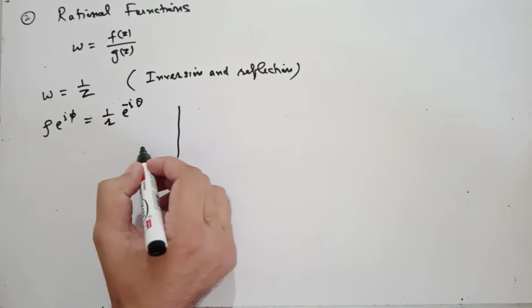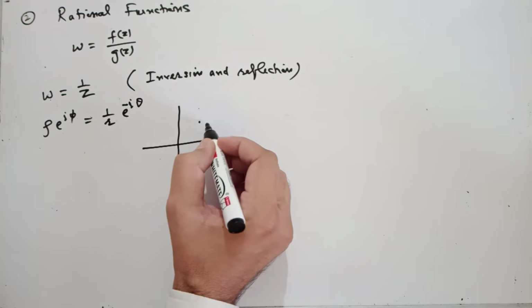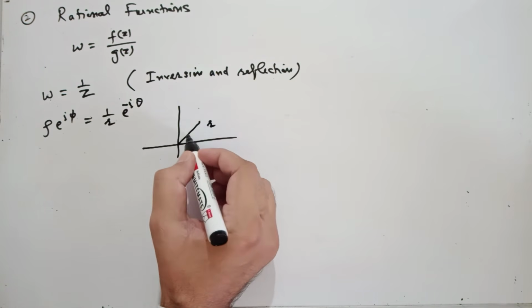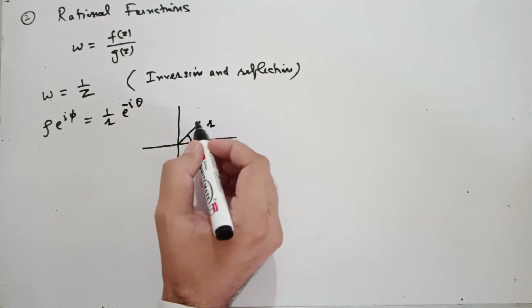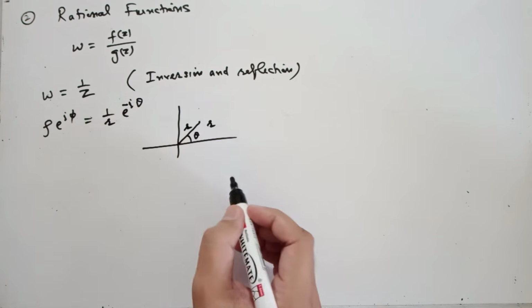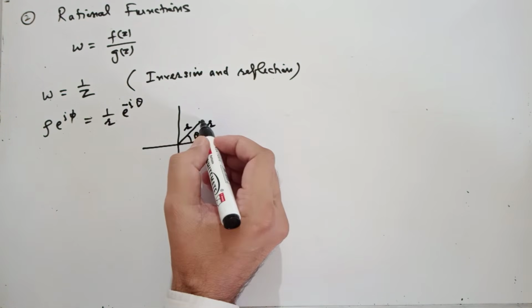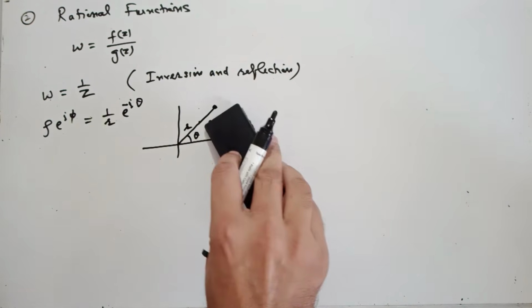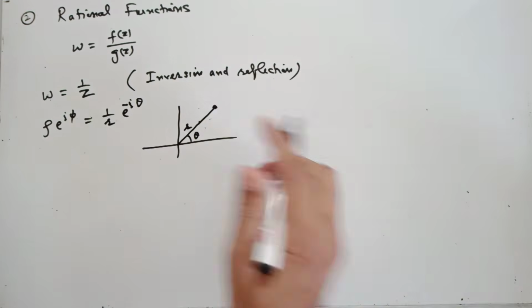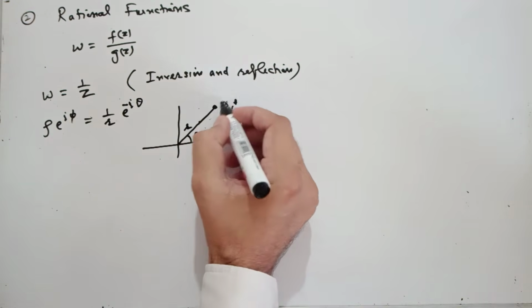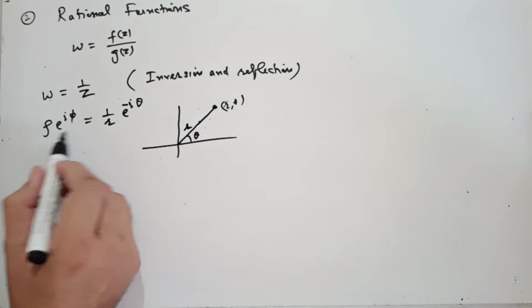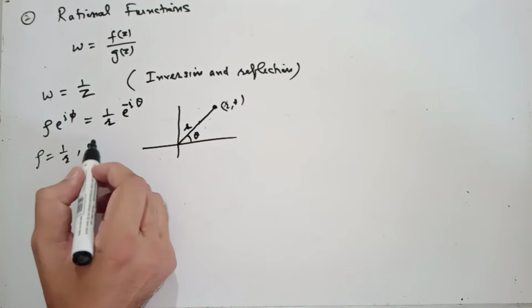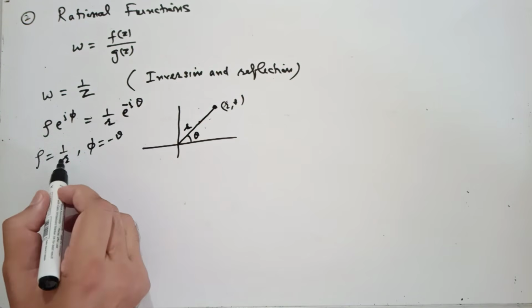r, theta is in the xy plane. This whole distance is r, and this angle is theta. This is our point. In the image, what has happened? Rho is 1 over r and phi is minus theta. See the effect.